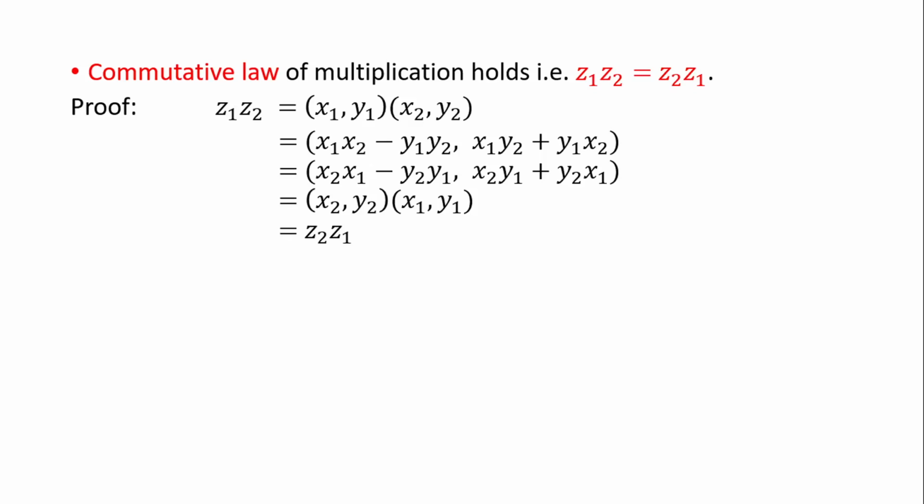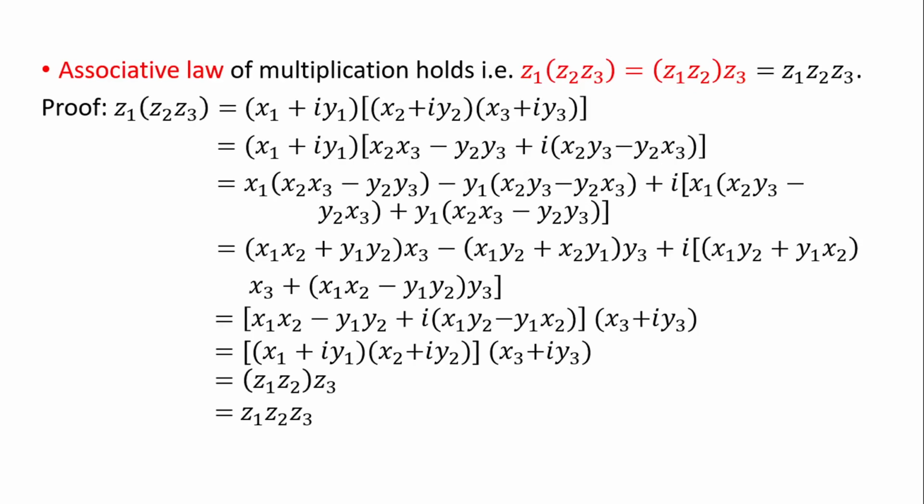Now let us look at the next law, that is associative law of multiplication. Change of association doesn't impact the multiplication. For this we consider three complex numbers Z1, Z2 and Z3.